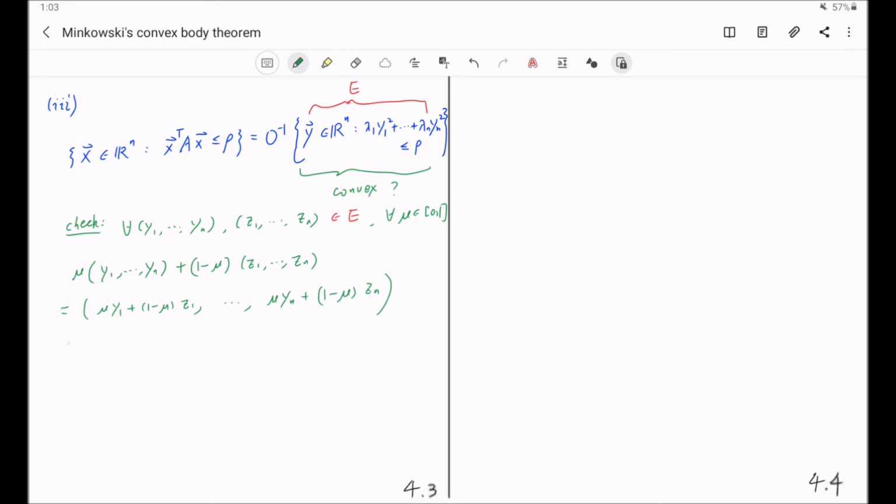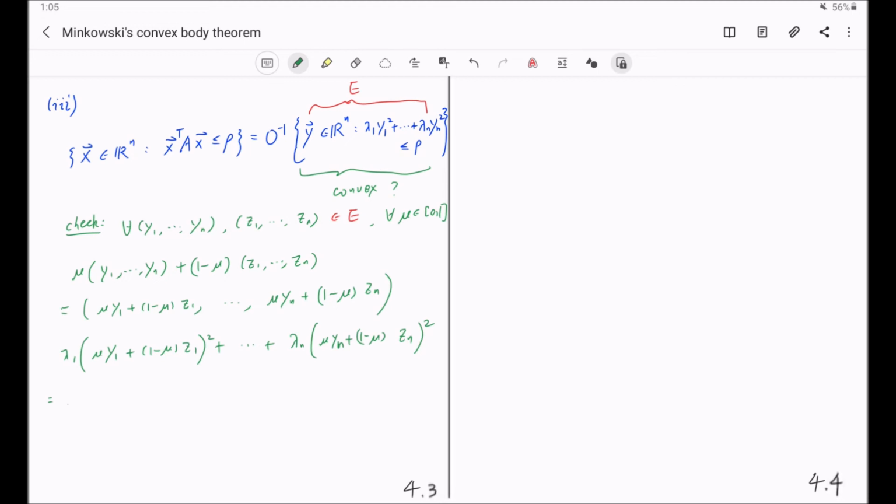And now we form the sum lambda 1 times the square of the first component plus ... plus lambda n times the square of the last component. And we break this up. There will be three parts.